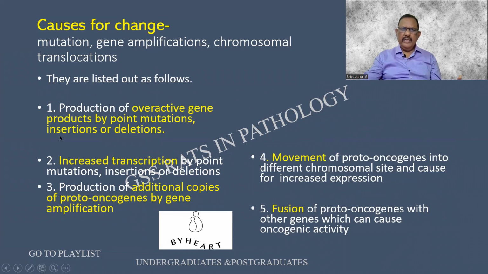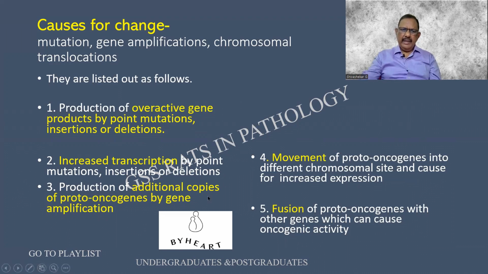There can be insertions or deletions, so a normal chromosome becomes abnormal. There is an increased transcription or expression by point mutations, insertions or deletions. So it sends a different kind of signal.